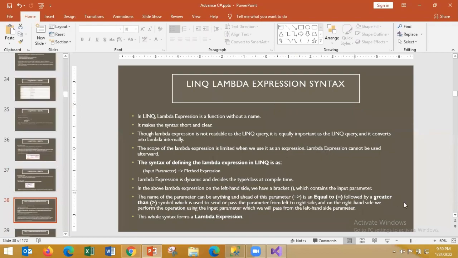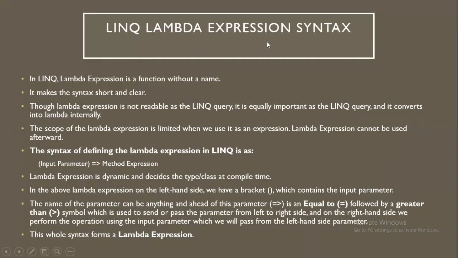Now, lambda expression syntax. I've just given a LINQ lambda expression syntax here. Most of you will know it. In LINQ, a lambda expression is a function without a name. It's an anonymous function. It makes the syntax short and clear. Though a lambda expression is not as readable as a LINQ query, it is equally important, and it converts into lambda internally.